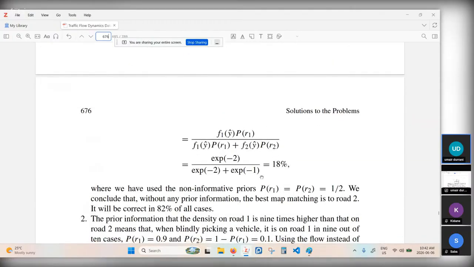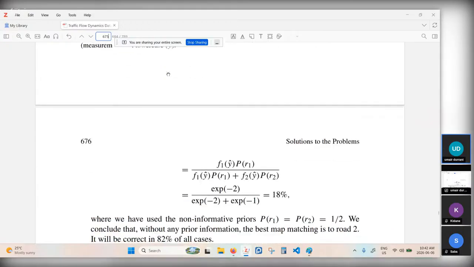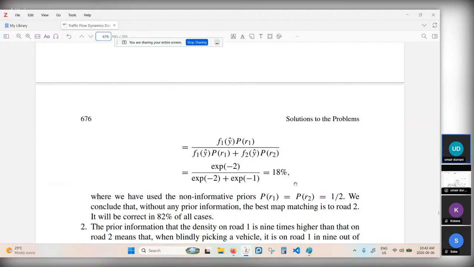That gives us the likelihood of 18%. So this is probability of being on road segment 1 given y cap was 0 is 18%.